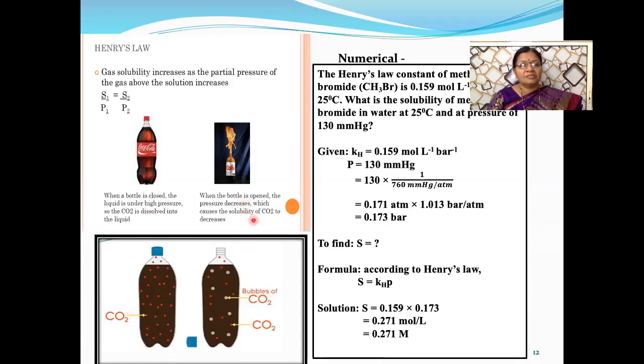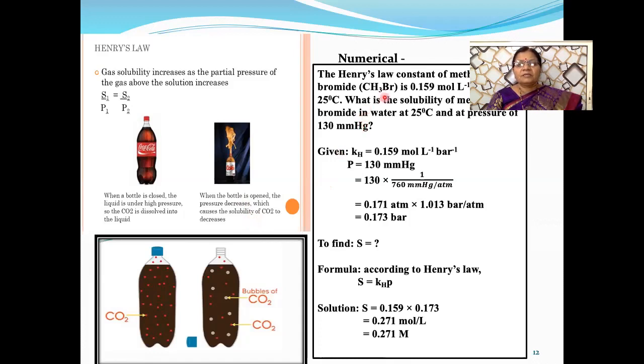As the pressure decreases, the solubility decreases, and therefore the excess CO2 dissolved under high pressure comes out in the form of effervescence that you can observe in your daily life. Followed?